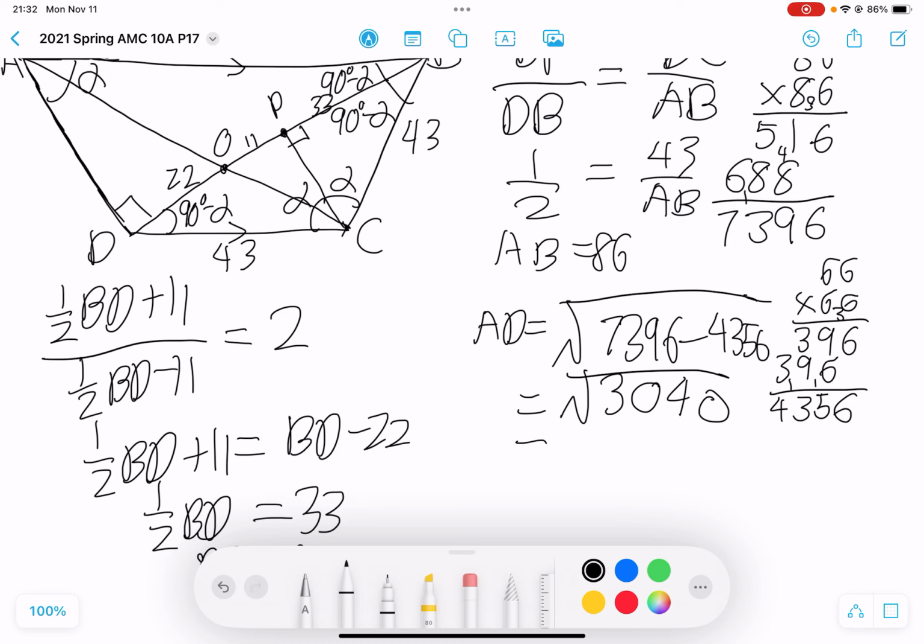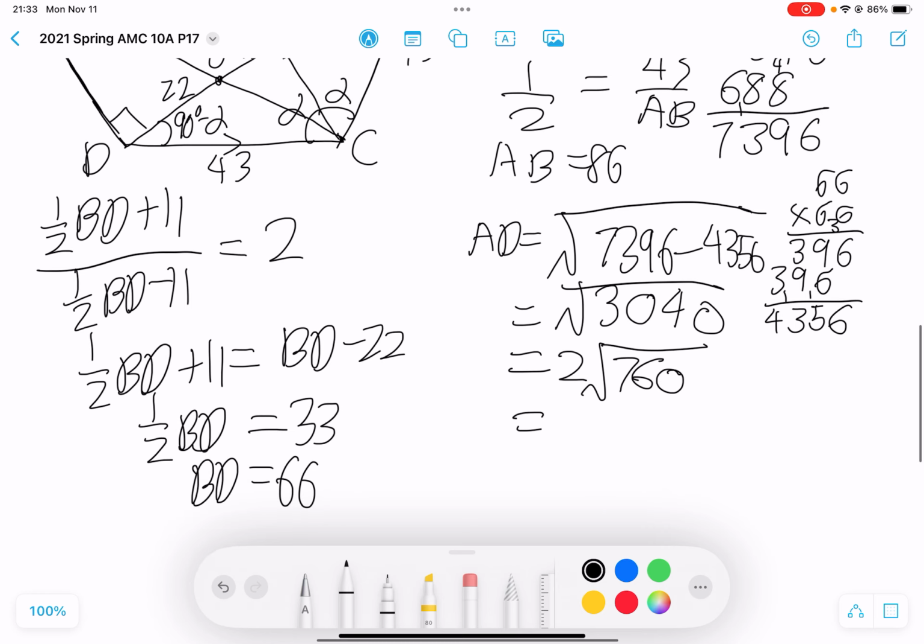Okay, so let's try to factor out all the factors from 3040. First factor you see is going to be 4. You divide this thing by 4, and you get 30 divided by 4 is 7. 4 times 7 is 28, and then 24 divided by 4 is 6, so 760. You can divide this by another 4.